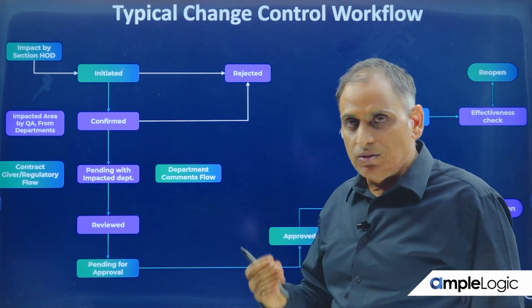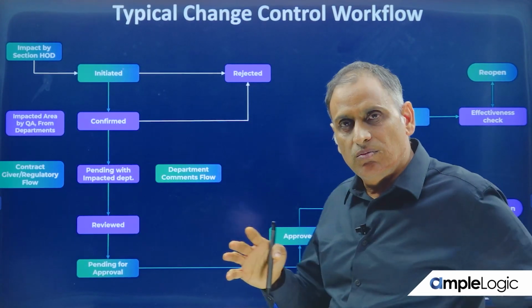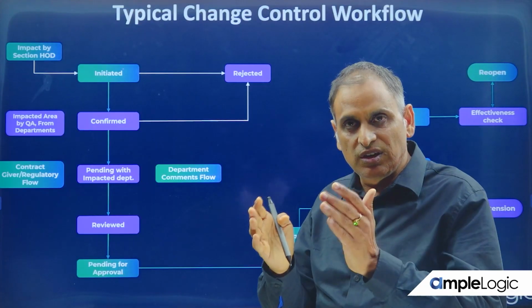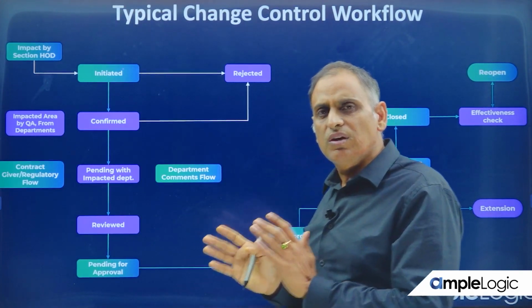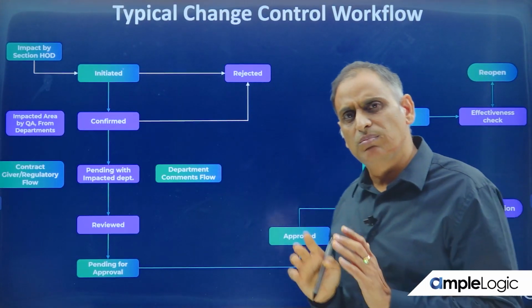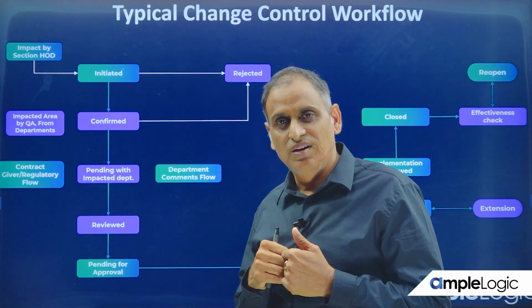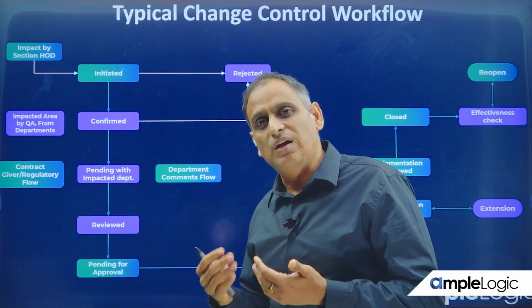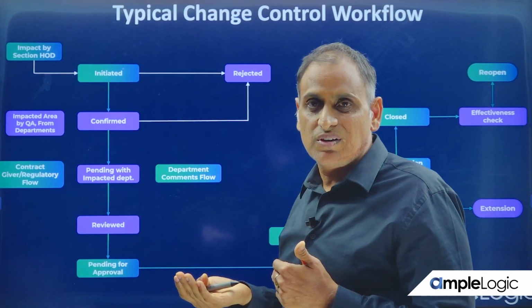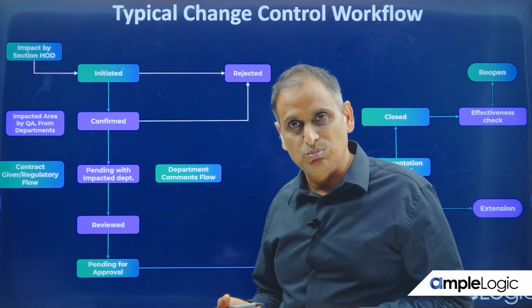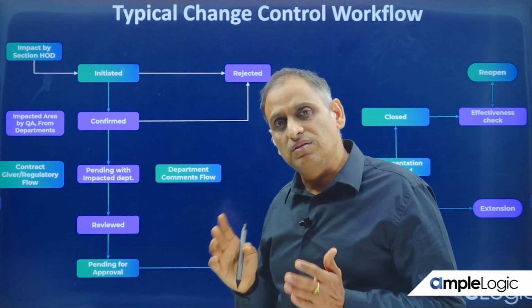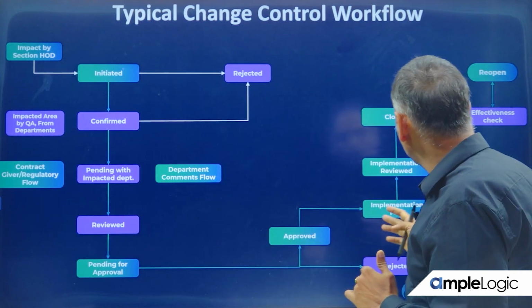So this is what AI can do for deviations and CAPAs. In the same way for change controls, you can minimize certain tasks, for example rejections. Typically rejections happen when there is an existing change control already running. So it tells you there is a change control running, why do you need to create one more change control? This is the way AI can do certain tasks.